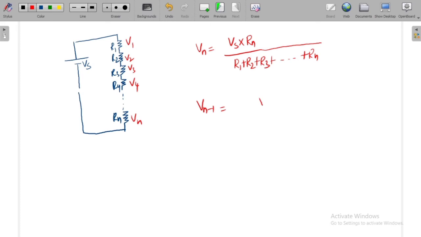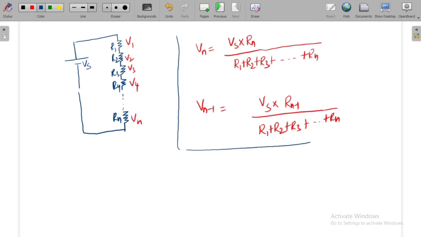So if I want to find the voltage across the Rn minus 1 resistor, you just need to multiply the total voltage with Rn minus 1 resistor and divide by the sum of all the resistors. These are the two generalized equations which are helpful to apply the voltage division concept for a circuit containing n number of resistors.